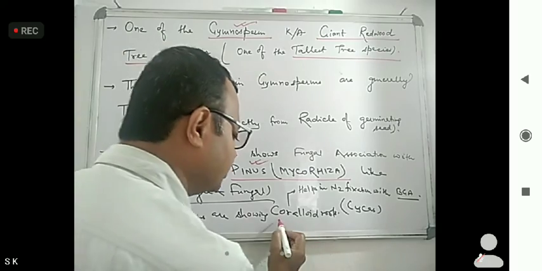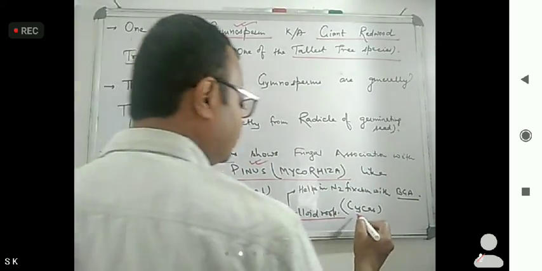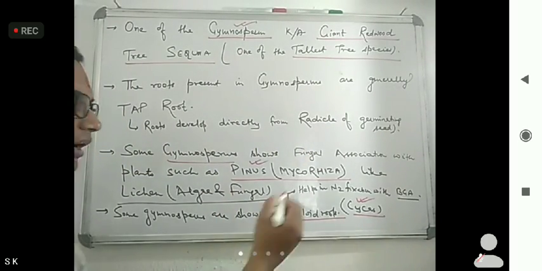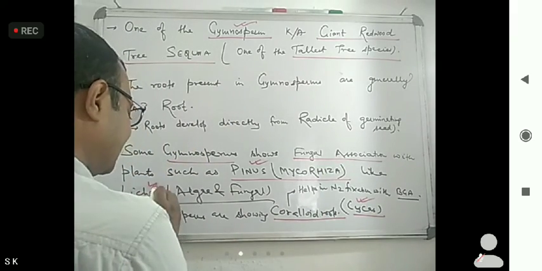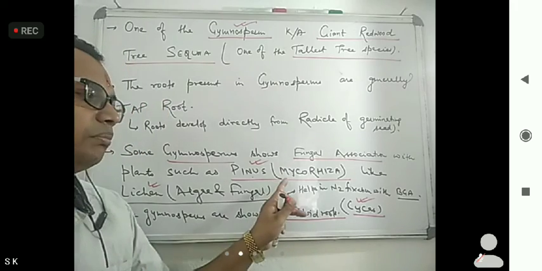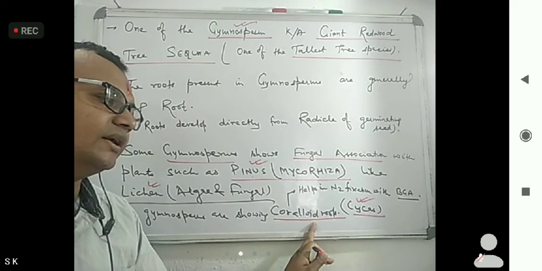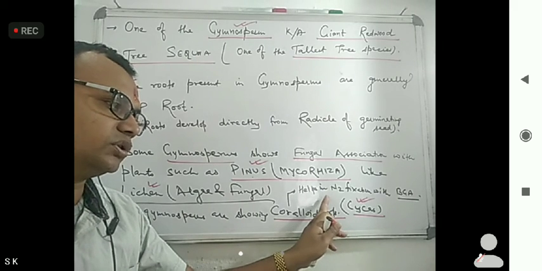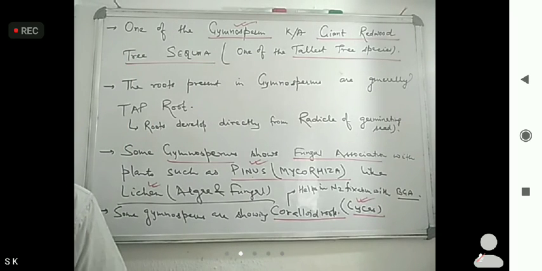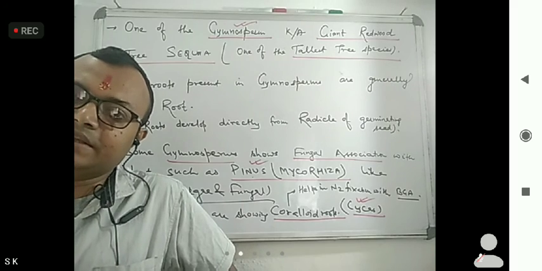That type of root is known as coralloid roots, shown by cycas. Mycorrhiza association is shown by Pinus, coralloid roots by cycas. These two you have to remember.